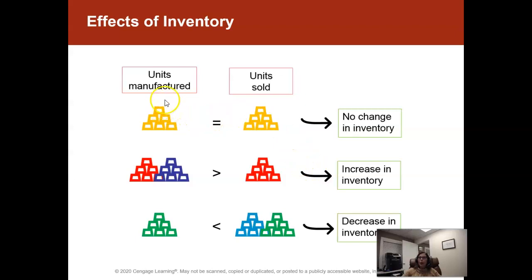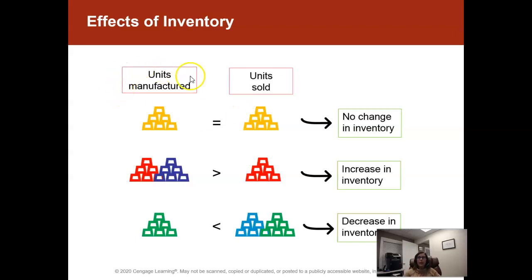And in this little graphic, in terms of its effect on inventory, if the units we make are the same as the units that we sell, in other words, if we've made everything and we've sold all that we've made, there's no change in our inventory.